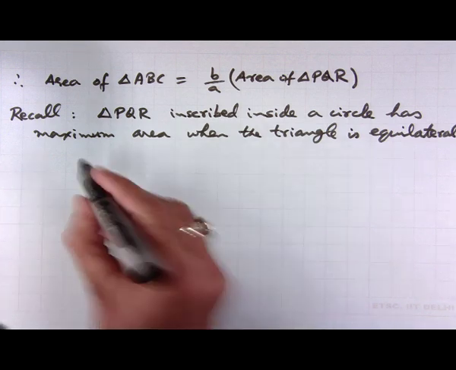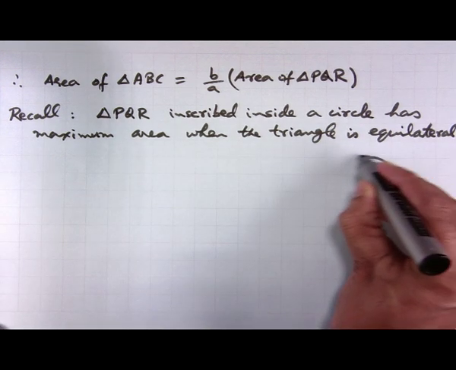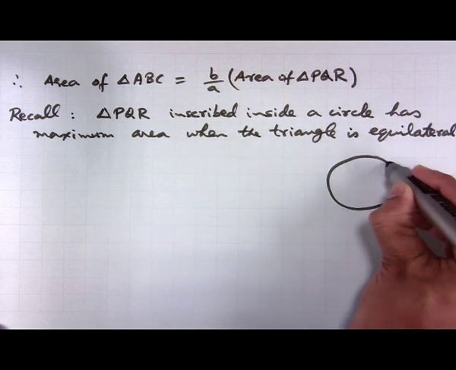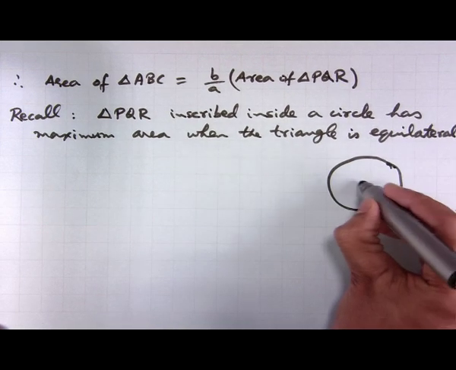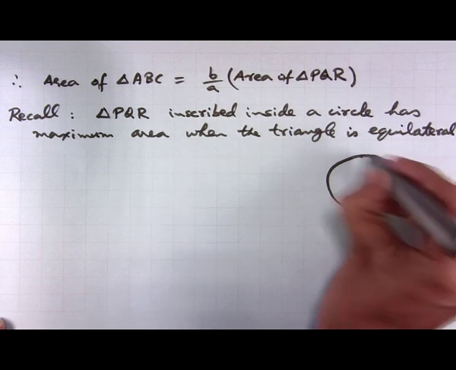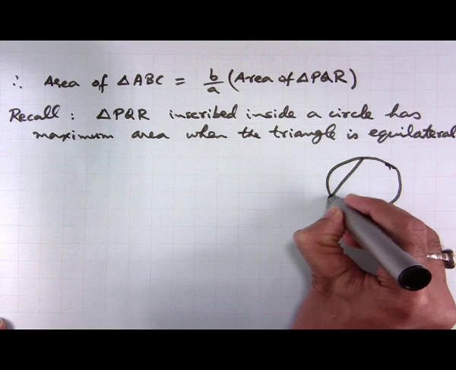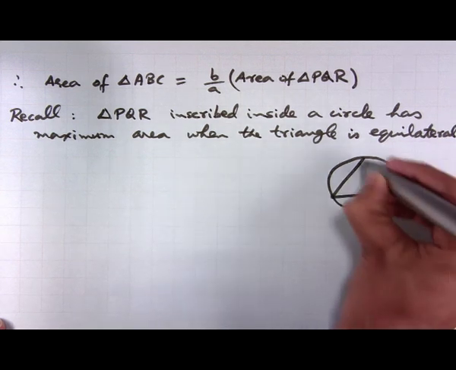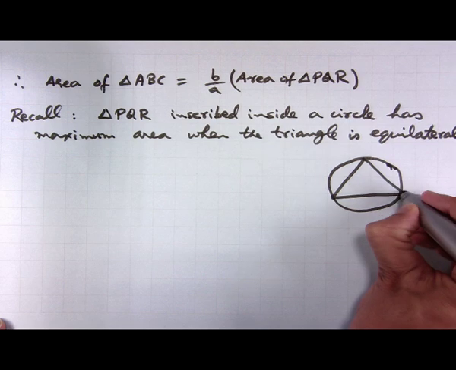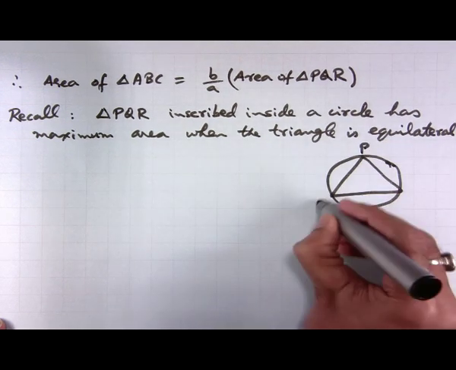So, if I have this circle of radius A and then we want the maximum possible area of this triangle PQR, this happens exactly when this triangle is an equilateral triangle.